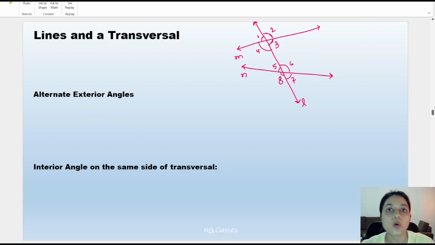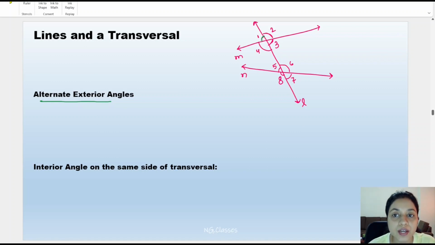Now, as we know, alternate angles are like one on the left side of the transversal and another on the right side of the transversal. So here we are going to collect alternate exterior angles, so exterior angles which are alternate with each other. Here the exterior angles are 1, 2, 8 and 7. But we have to collect the alternate exterior.